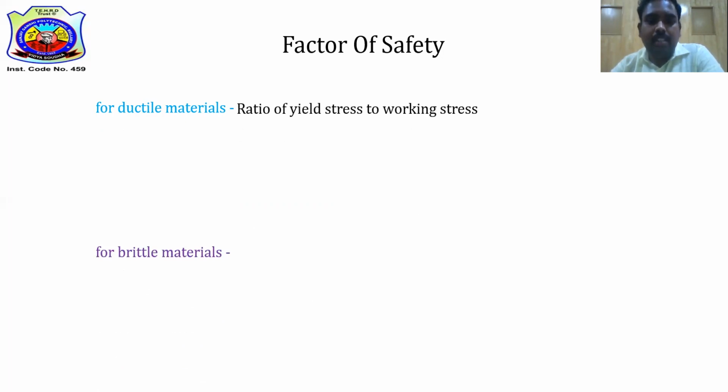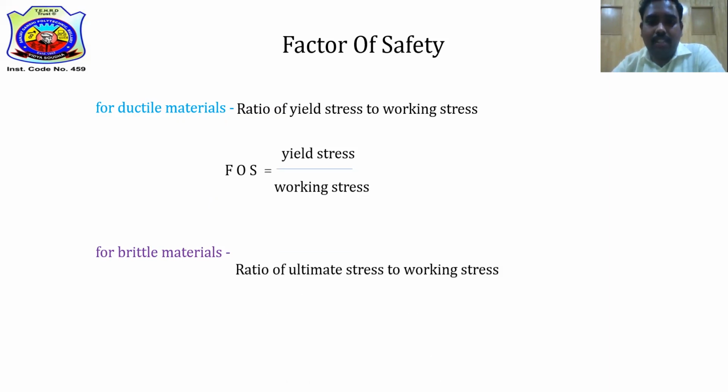For ductile materials, it is defined as the ratio of yield stress to working stress. Since ductile materials undergo yielding, yield stress is taken as the reference. Working stress is nothing but the design stress. Sometimes we call it design stress, allowable stress, permissible stress or safe stress. It has different names. So FOS, factor of safety, is yield stress divided by working stress.